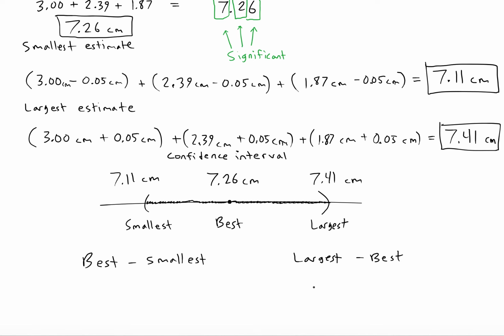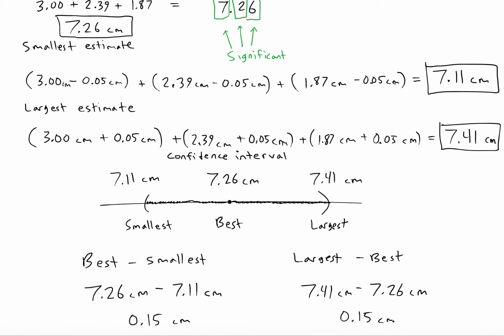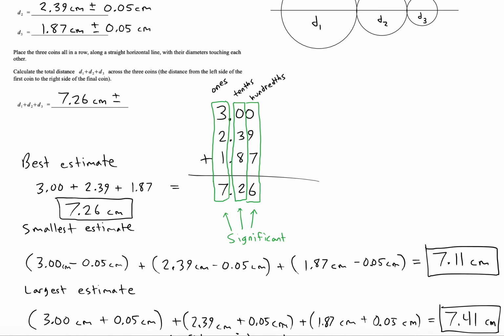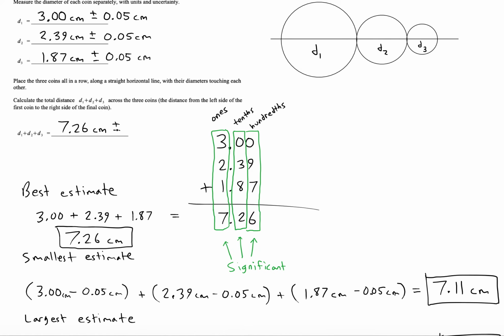And then that can give us our uncertainty. So 7.26 minus 7.11. Or we could do 7.41 minus 7.26. You get 0.15 here and 0.15 there. So it looks like the best estimate of the uncertainty then would be 0.15.